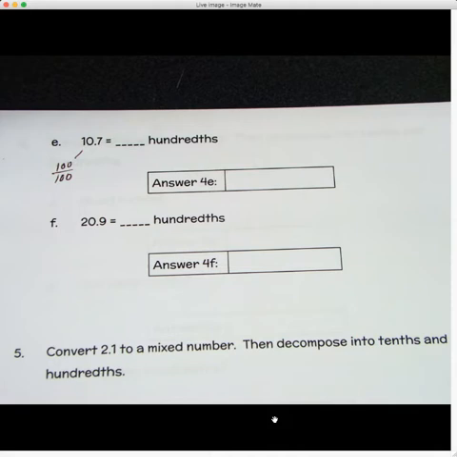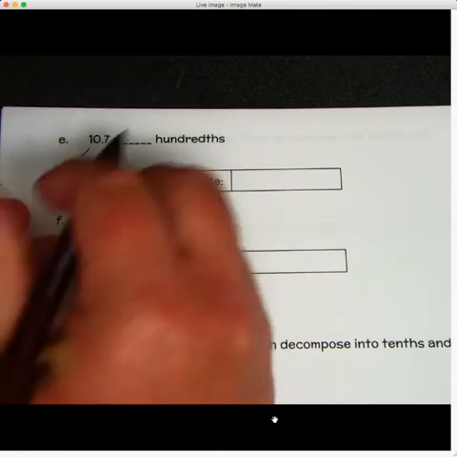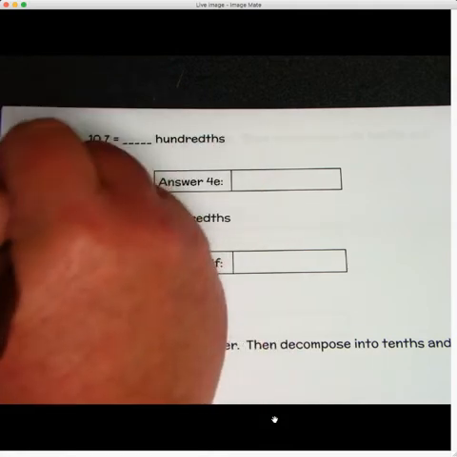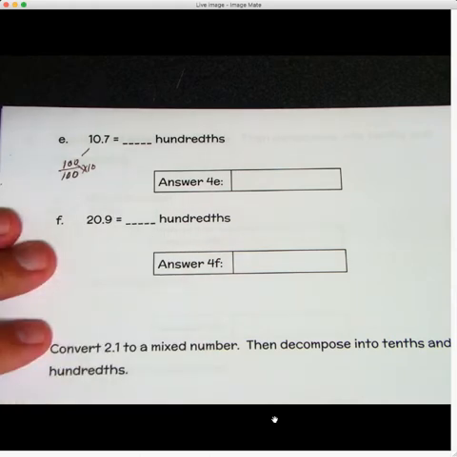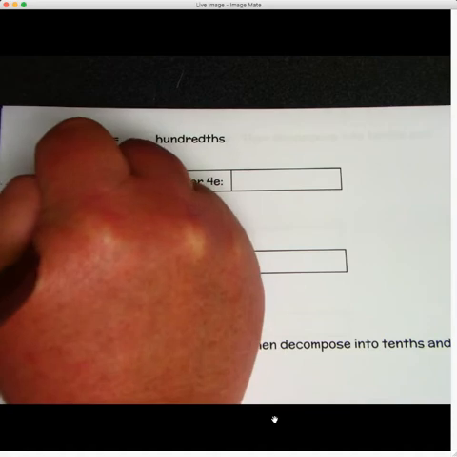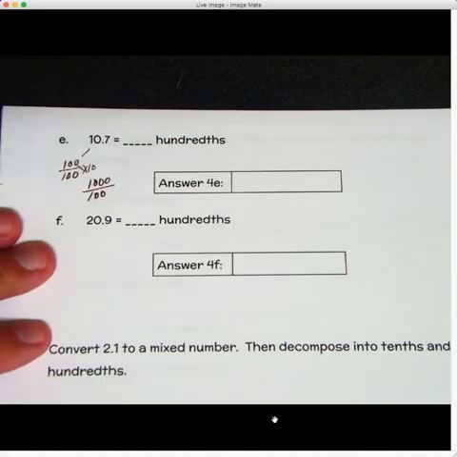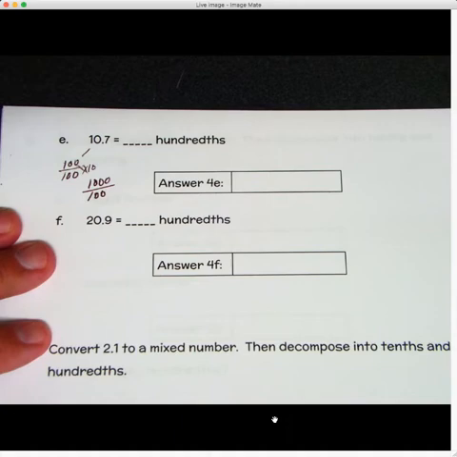I don't want to write 100 hundredths 10 times. I can just multiply it times 10. So remember when we did this, we only multiply the 10 times the top. So what's 10 times 100? That would be 1,000 hundredths. So 10 is 1,000 hundredths.